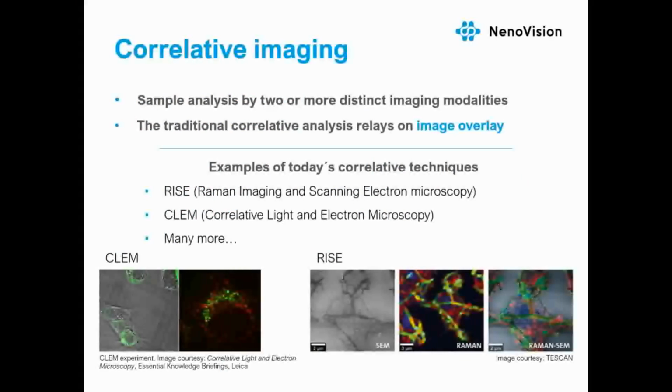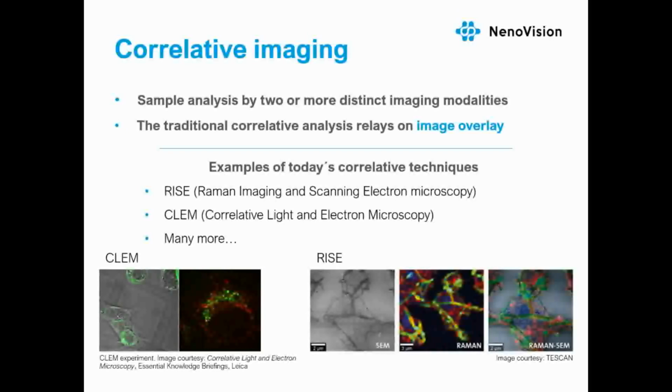In general, correlative microscopy or correlative imaging is defined as sample analysis by two or more distinct imaging modalities, and it should provide more scientific insight than would have otherwise been possible using each imaging modality separately. For that reason, this concept is sometimes coined by the 1 + 1 = 3 expression.